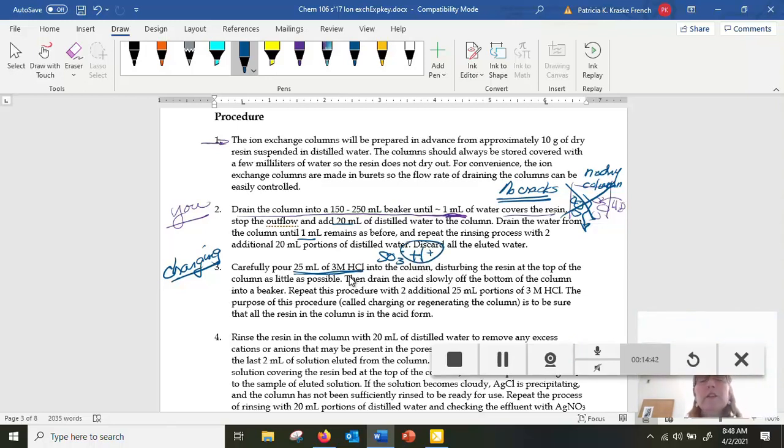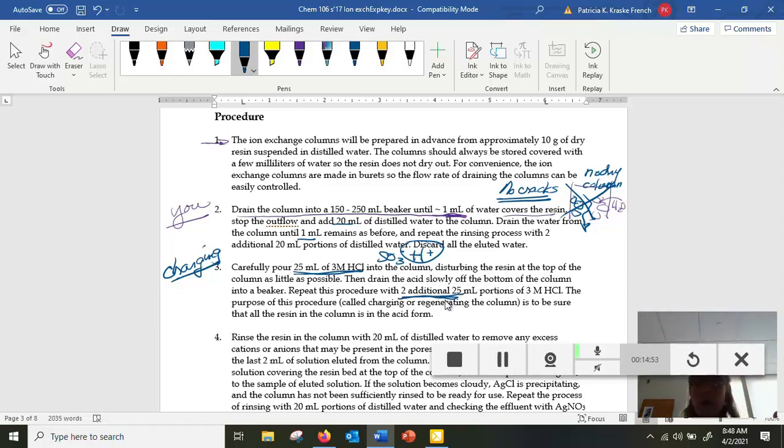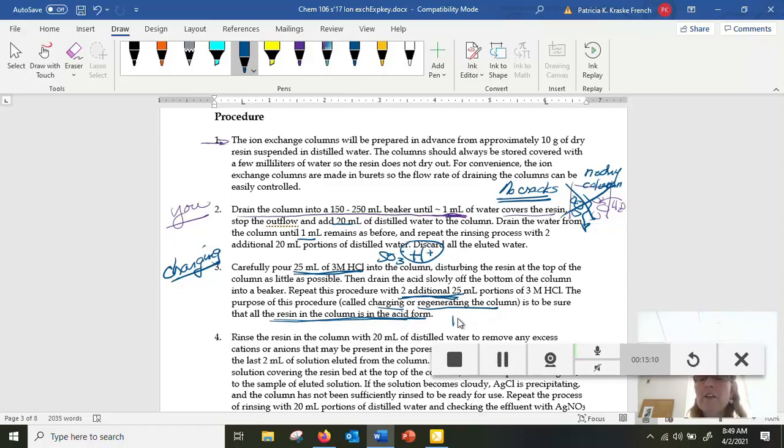Okay, so we're going to drain the acid off slowly so it gives it a chance to interact with the resin. And then we're going to do it 2 more times. We really want to make sure every single one of those little resin beads has H pluses on it. This is called regenerating the column or charging, like I just said, and this guarantees that all those little sites that are on the resin have H pluses on them. They're in the acidic form.